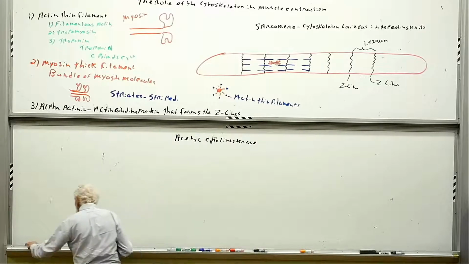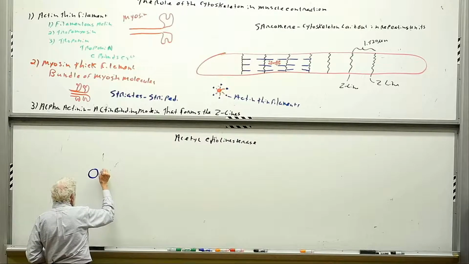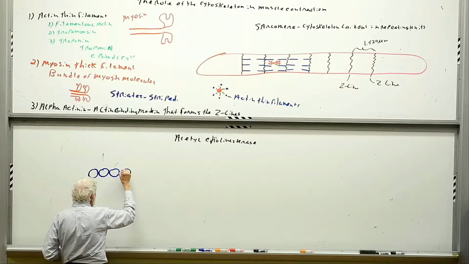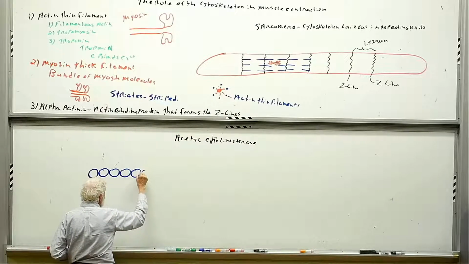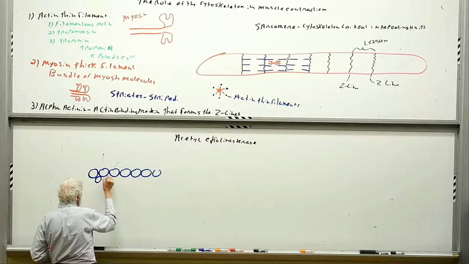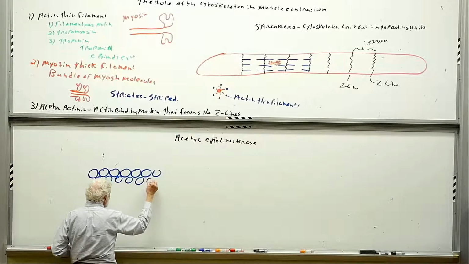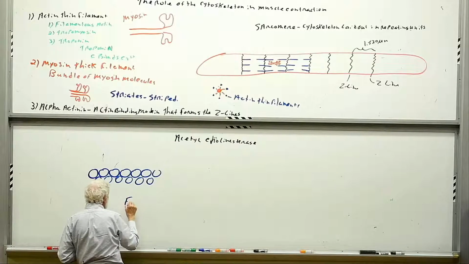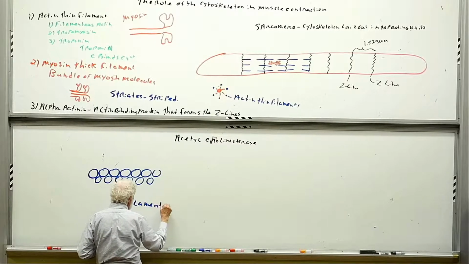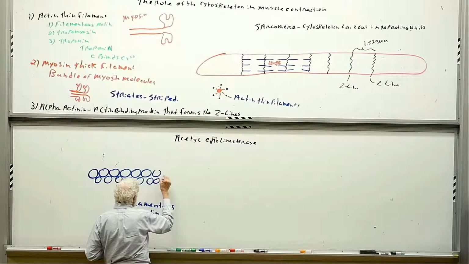I'm going to do my best to draw one of these, and I'm going to show each one of these circles being a G-actin. So this is meant to be globular actin. We see that they're lined up end to end, but they're also offset a little bit. And this is filamentous actin. Put a few more in.